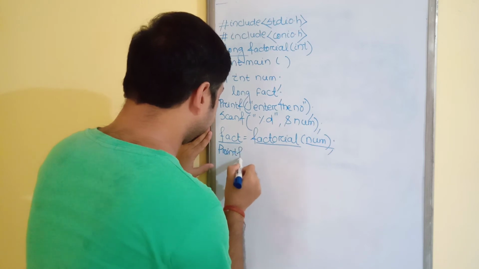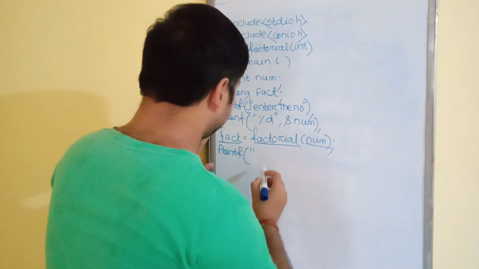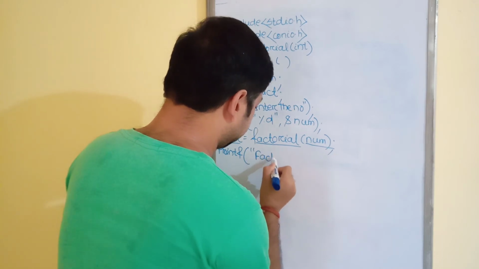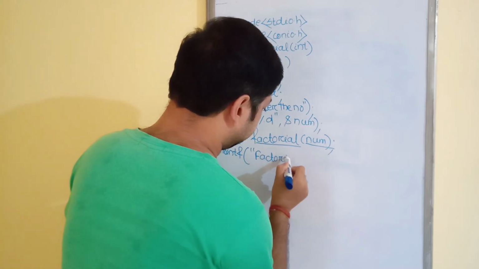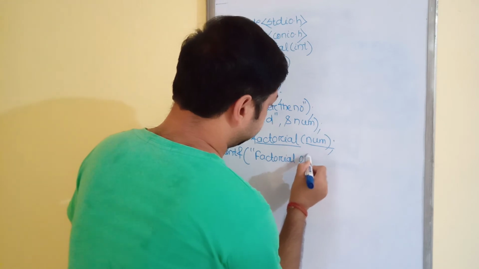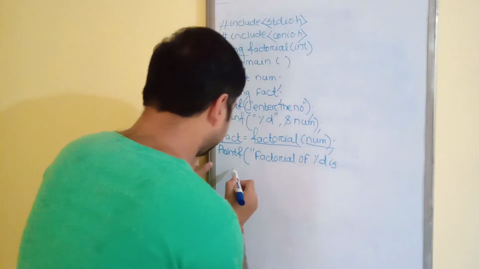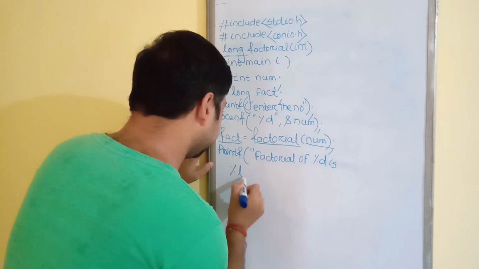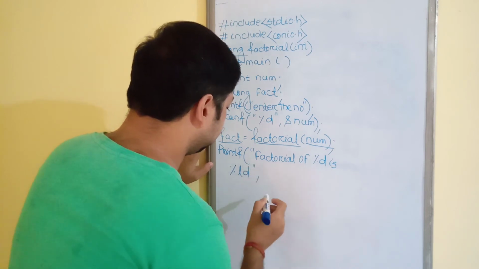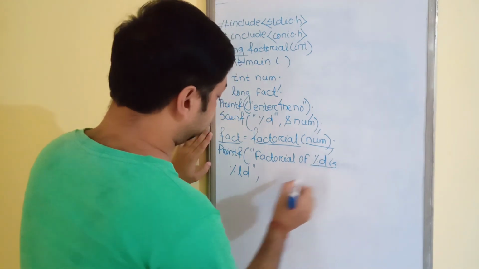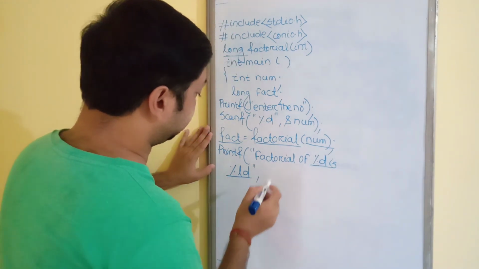Next we want to display the factorial value. So what we can write here is printf factorial of %d is %ld, because that will return your long integer. This is the number %d, this is the factorial value %ld.